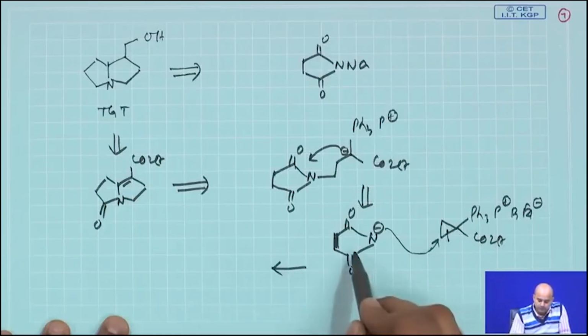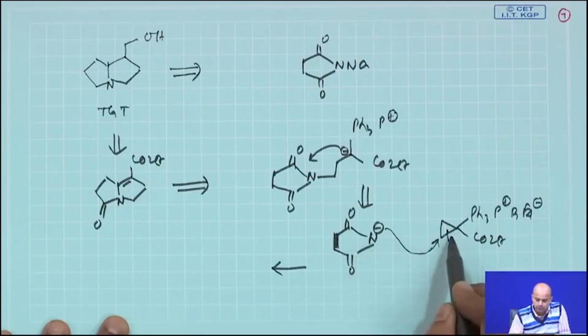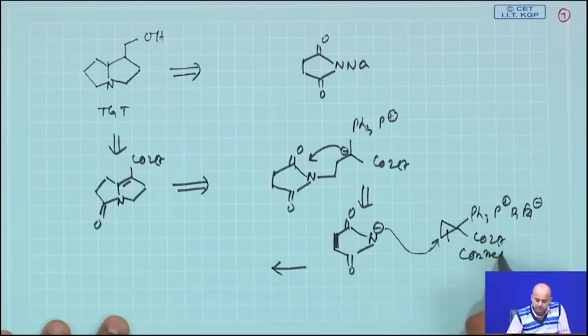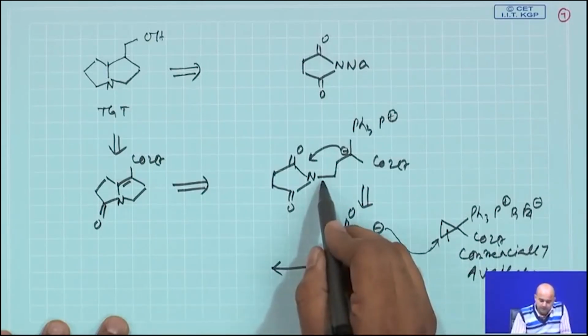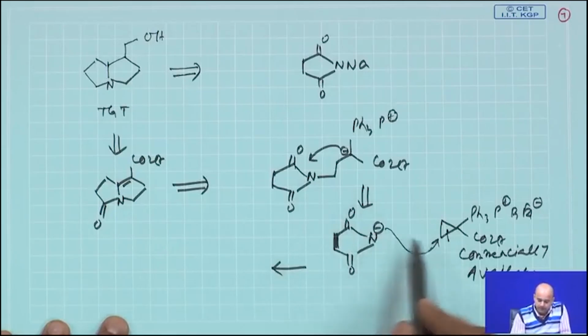If you do a standard nucleophilic addition on a cyclopropyl based Wittig reagent, which is commercially available, you get this compound after the ring opening.